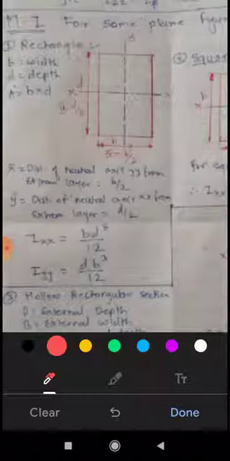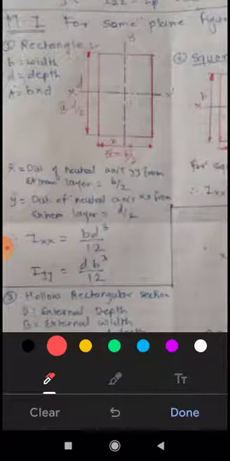Okay, now some notation are given over here. X bar is the distance of neutral axis from YY. This x bar is this much distance. X bar is the distance from y axis, which is equal to b by 2. And y bar is the distance of neutral axis XX from extreme layer, that is d by 2.